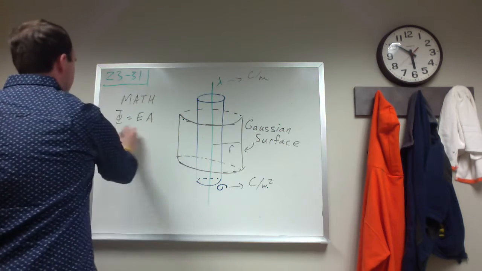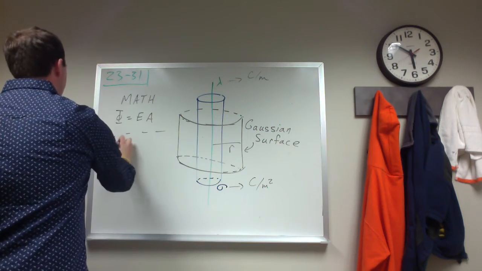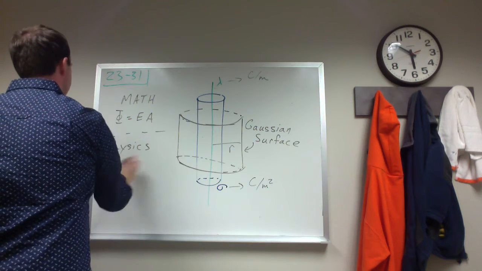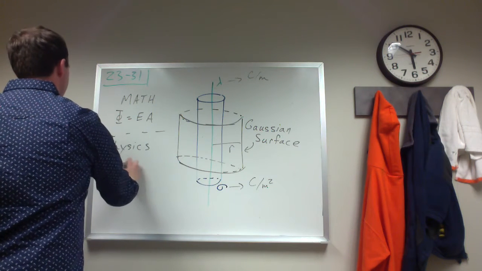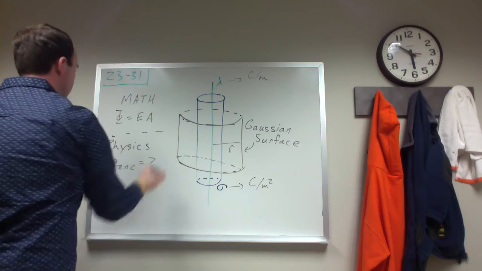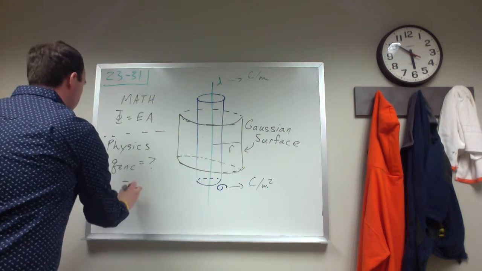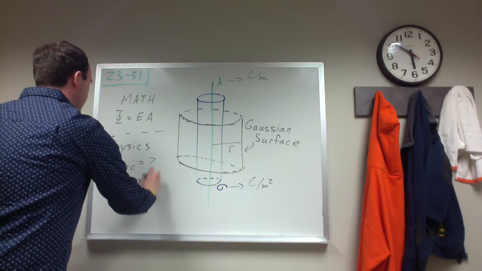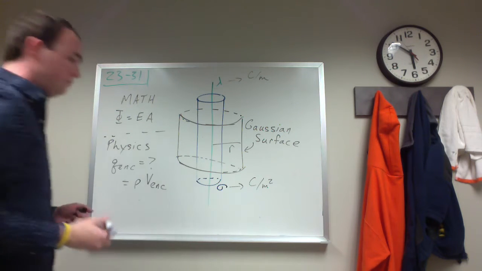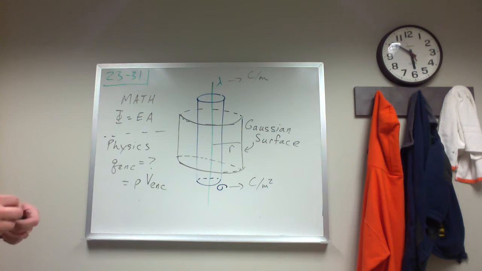But for the physics, the question always is, what's the enclosed charge? If you have a volume charge, Q enclosed is rho times the enclosed volume. But we don't have that in either case here.